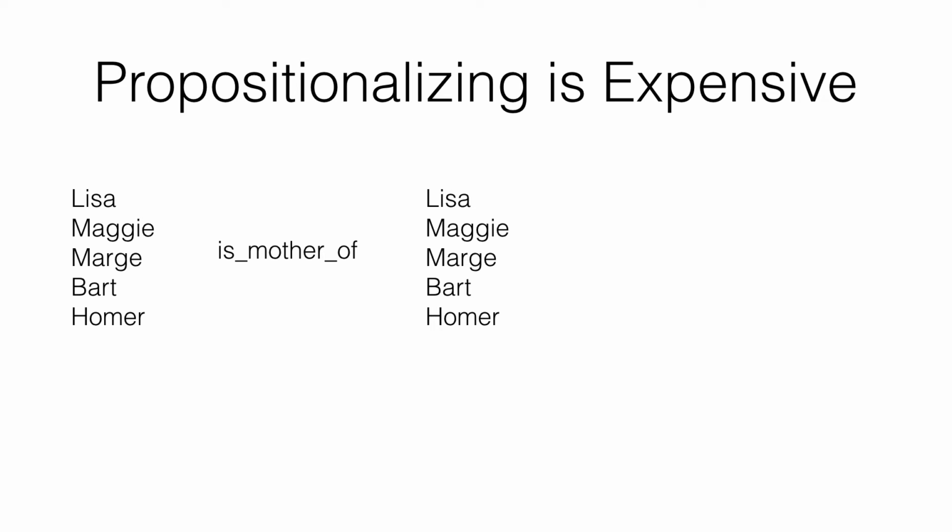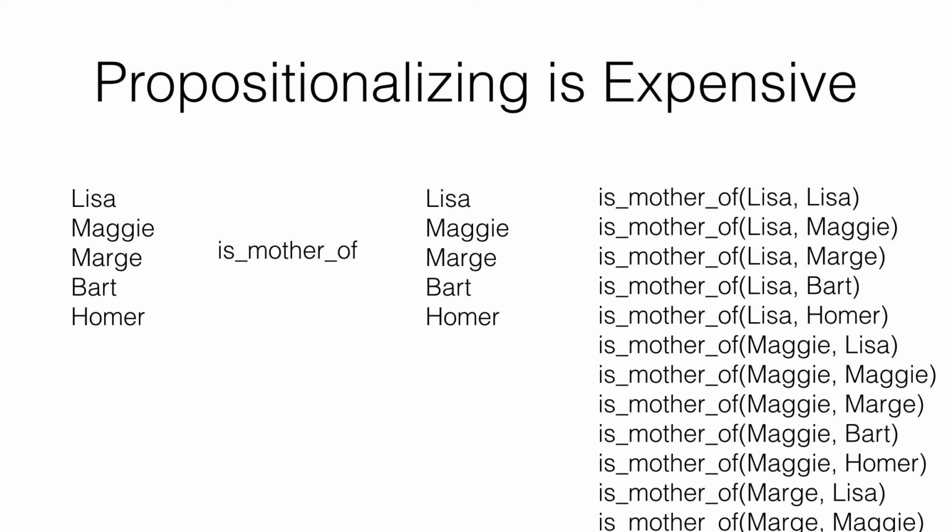You can use your basic computer science skills to figure out right away the size of this possible instantiation, which is the cross product here. But it's off the page at this point. I mean, it's 25 different possibilities, and you can imagine how quickly this becomes intractable.